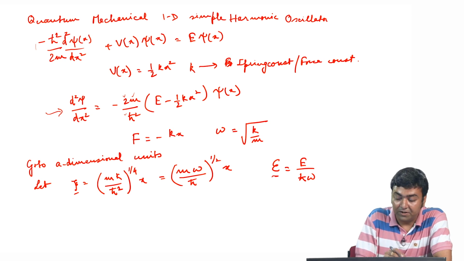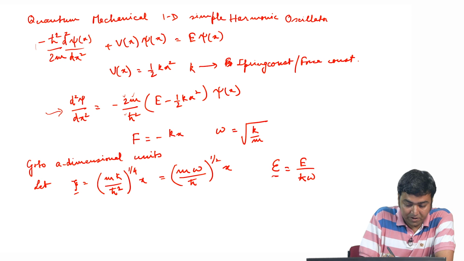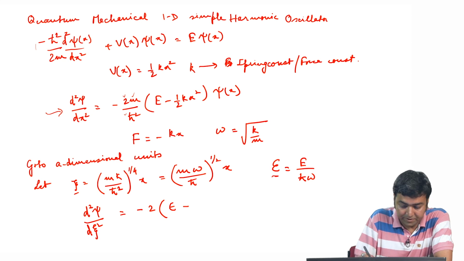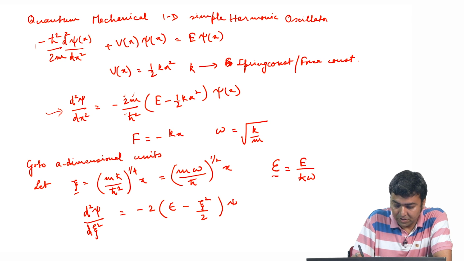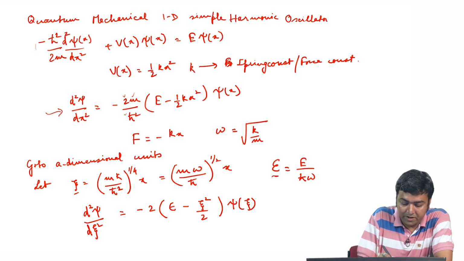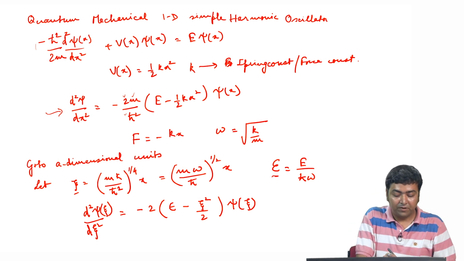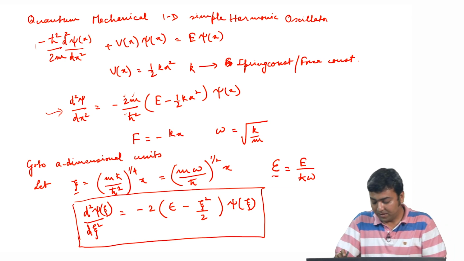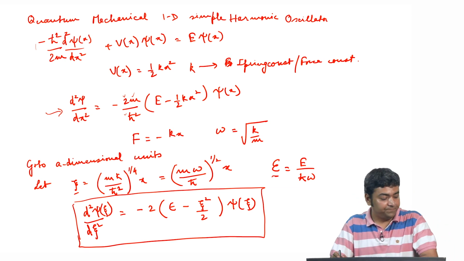My Schrodinger equation now becomes d2 psi d zeta 2 equals minus 2 epsilon minus zeta square by 2 psi zeta. So, unlike x, psi is now a function of zeta. This is what we are going to solve numerically using the Numerov method.